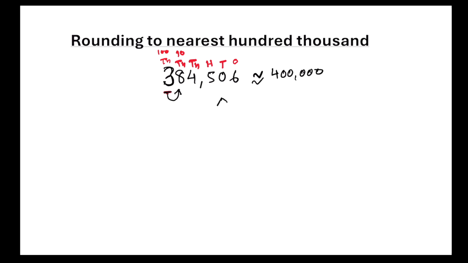Let's do a number line. This is the nearest 100,000 number line. This is 300,000. This is 400,000.